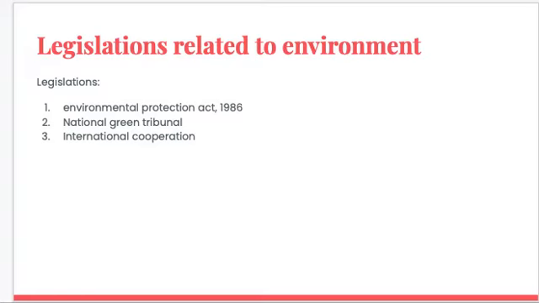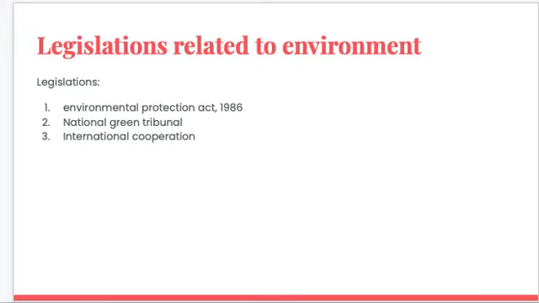Secondly, there is the establishment of National Green Tribunal, which is a specialized forum for effective and speedy disposal of cases pertaining to environment protection and conservation of forests. So, anytime environmental pollution or any source of environmental pollution has been challenged in the court, there's a separate court for it called the National Green Tribunal, which takes care of all environment related cases, gives them a speedy trial, which is also a very important factor in the Indian legislation pertaining to environment.